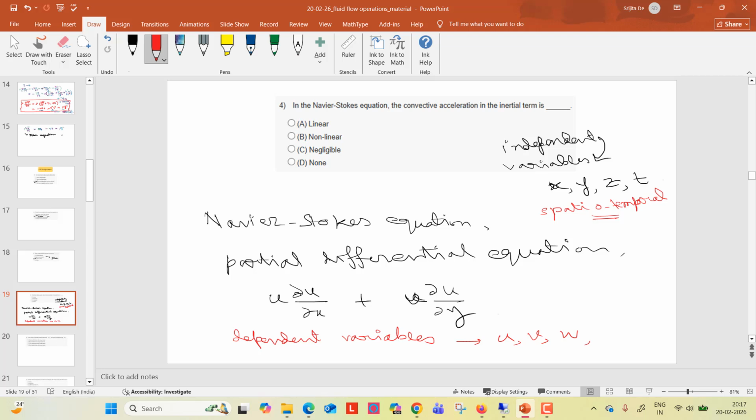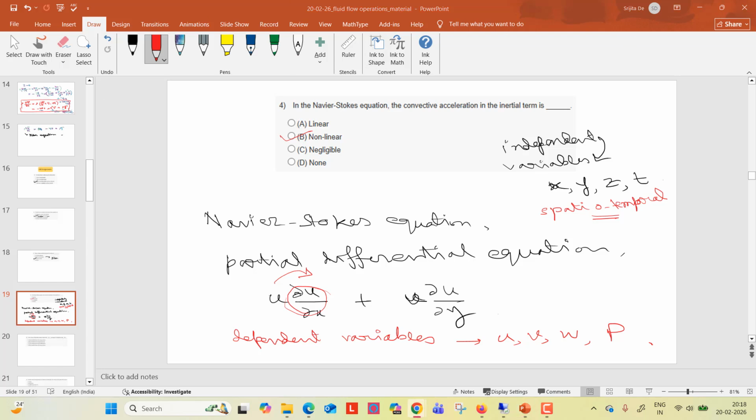Okay, so when one dependent variable is in multiplication with another dependent variable or the same dependent variable or gradient of that variable, these terms are called non-linear terms. So this convective acceleration in the inertial term is the non-linear term. Okay, I'll show you later what I am trying to show. First, complete the equation part or problem solving part.